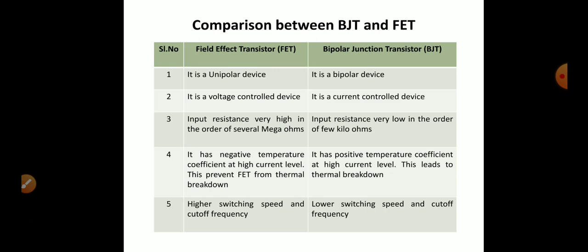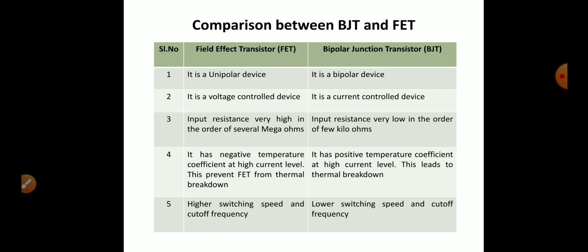Fourth comparison is FET has negative temperature coefficient at a high current level. Negative temperature coefficient at a high current level means current decreases as the temperature increases. But in BJT, positive temperature coefficient at a high current level means current increases with increasing temperature.